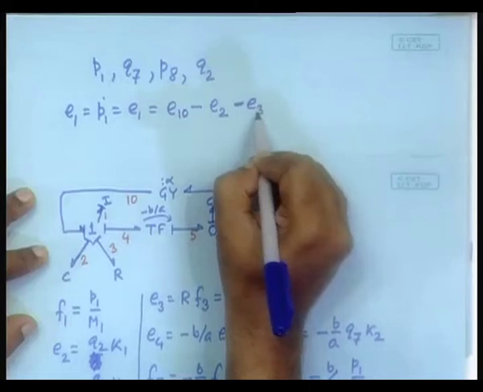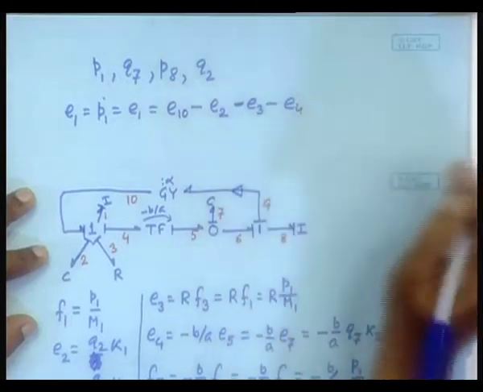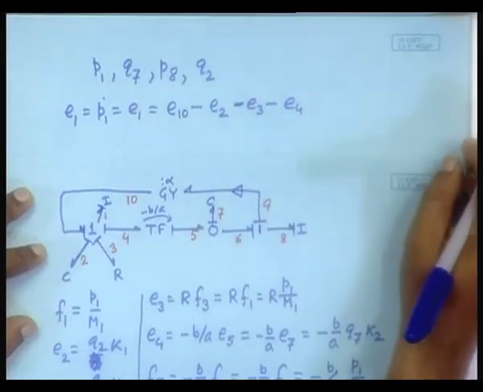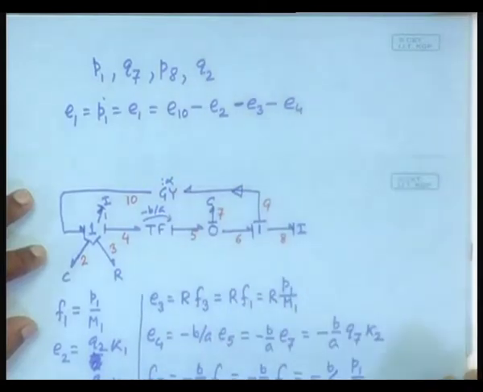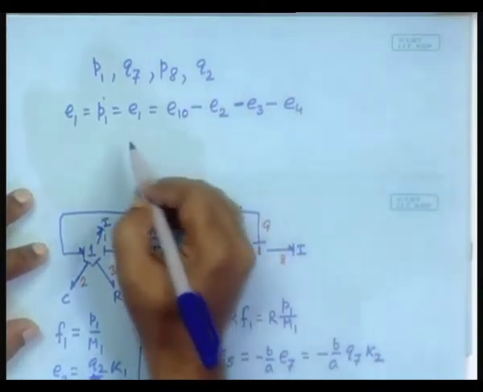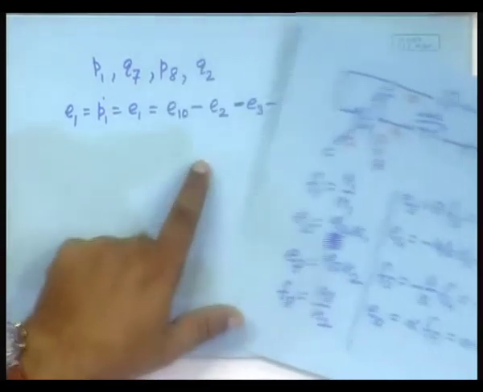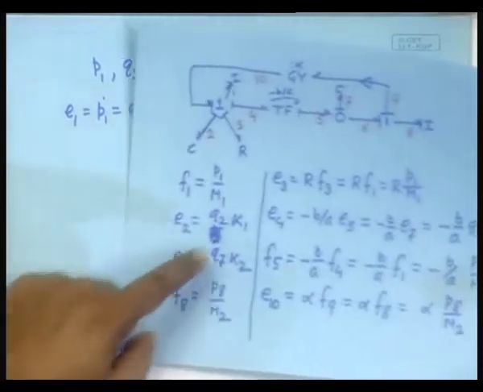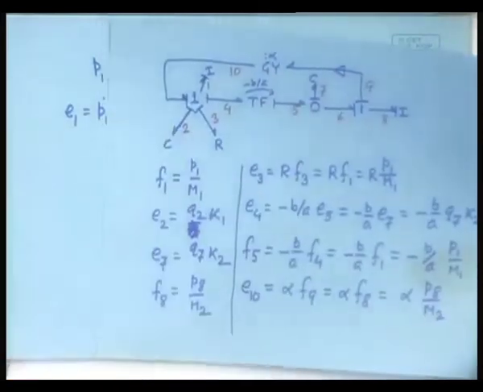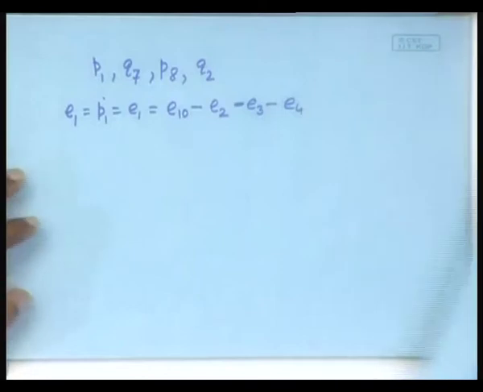Now, all these are probably known, just check. E10 is known, E2 is known, E3 is known, E4 is known, just substitute. Good. Next question.